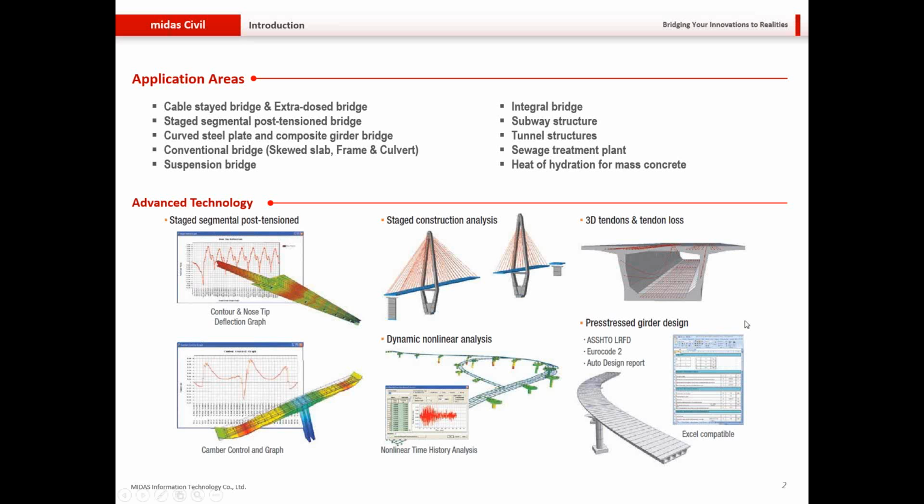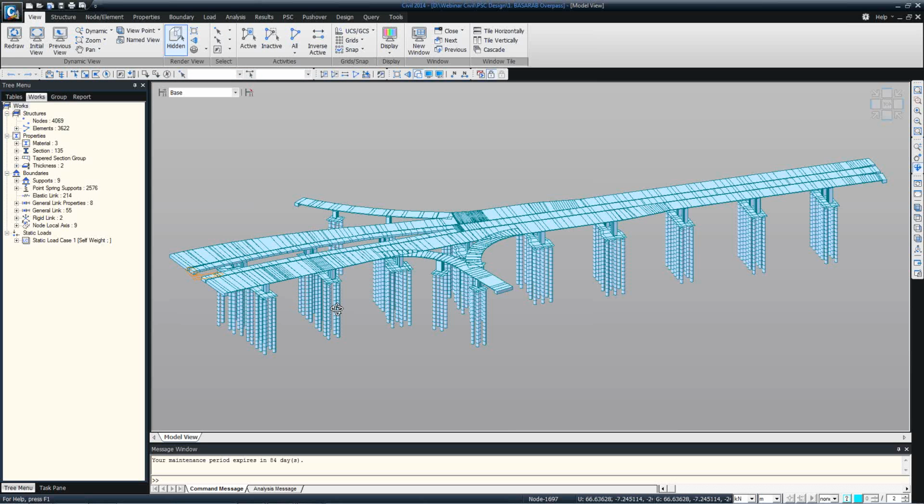First of all, let's see a project application of MIDAS Civil. Here we have the model for Basarab overpass. This is located in Romania and it is one of the widest bridges in Europe.